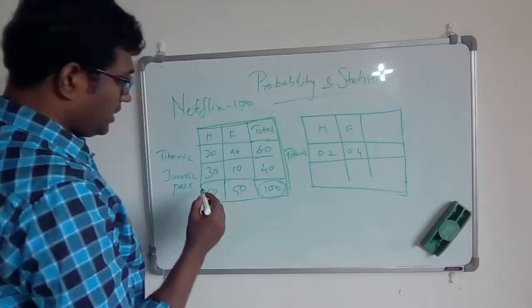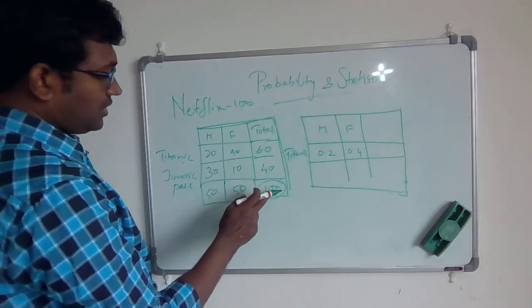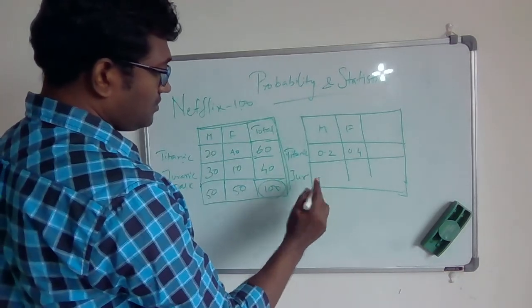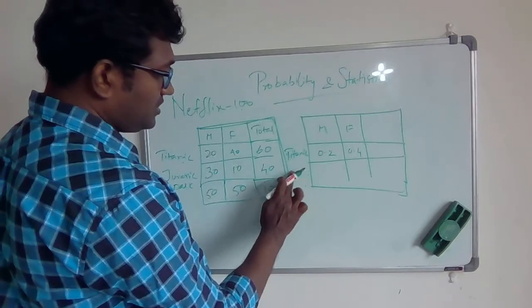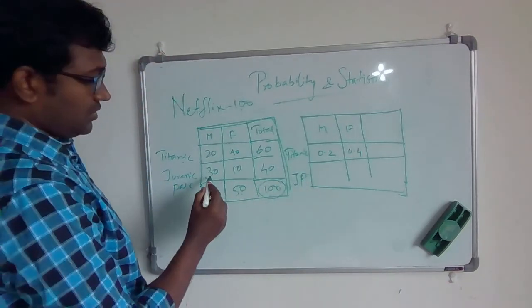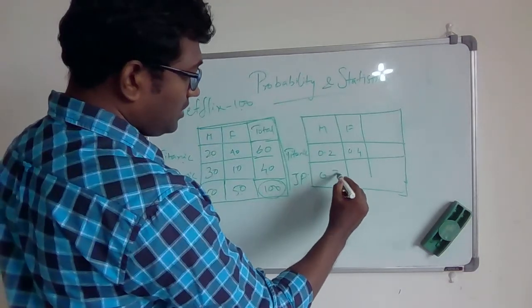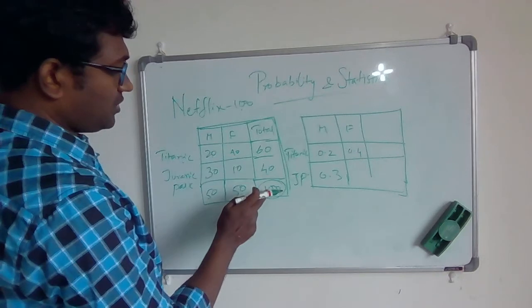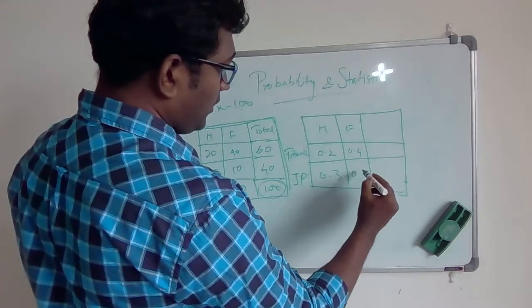And 30 out of 100 have watched Jurassic Park. I'll just put JP for Jurassic Park. 30 of them have watched, so it's 0.3, and 10 of the females have watched Jurassic Park, so it is 0.1.